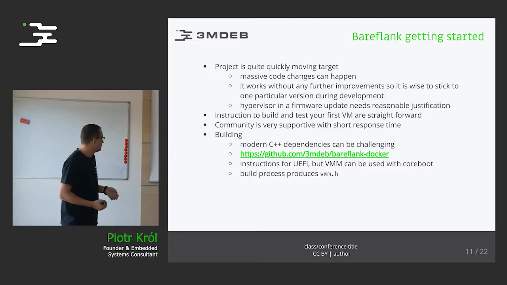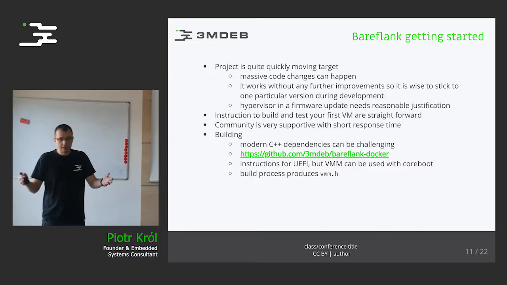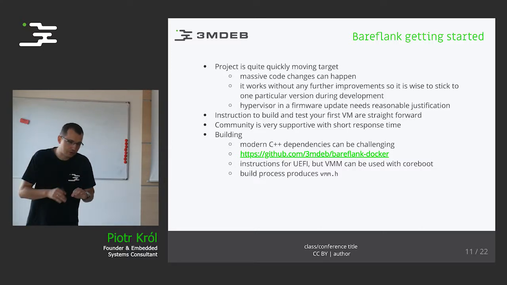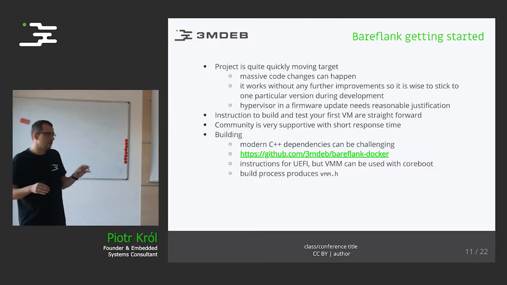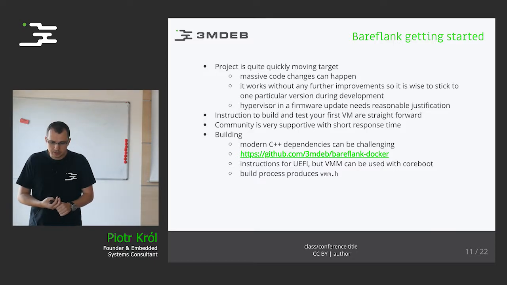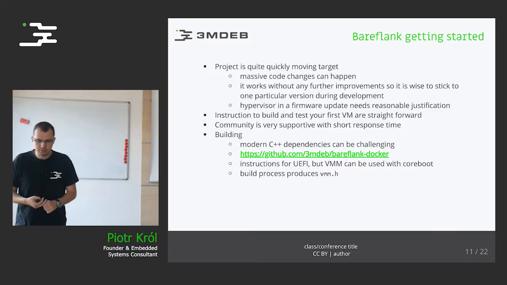So we created a Docker image, which contains all the dependencies for the version that we forked, because keeping up with the speed of development in Bareflank is quite hard.